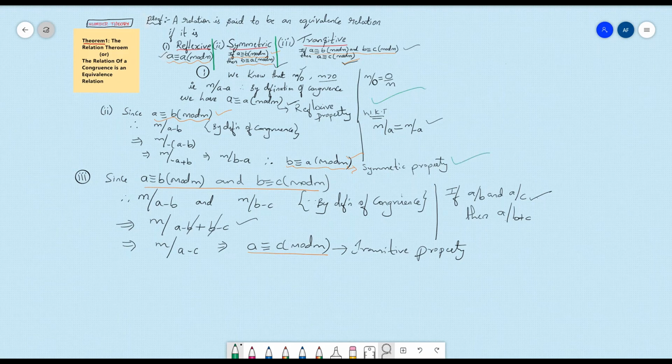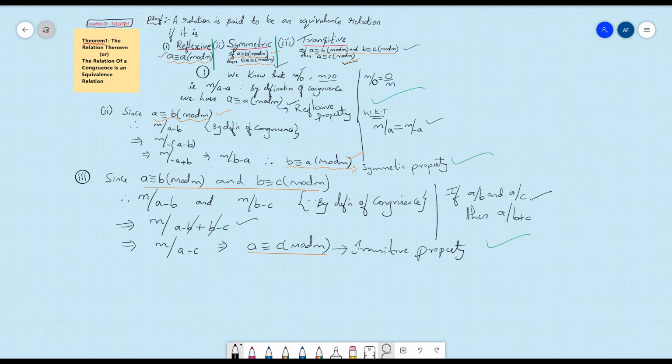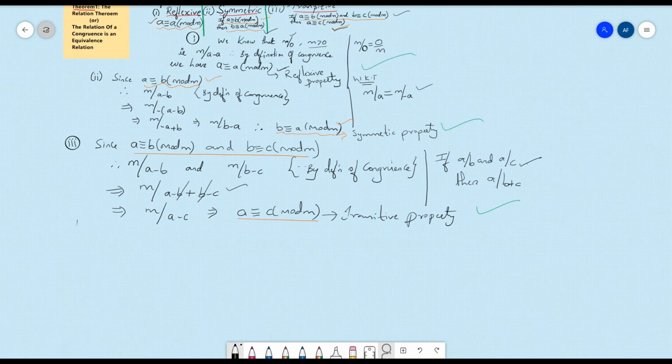So at last I can conclude that a relation is said to be an equivalence relation. That implies the relation of congruence is an equivalence relation.